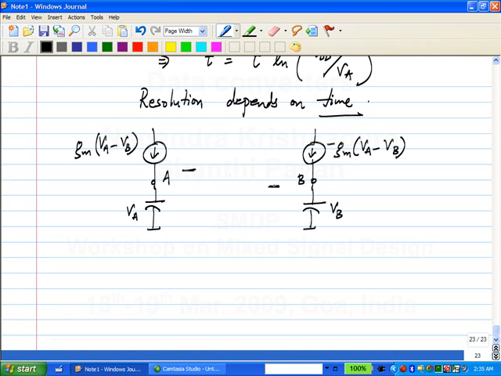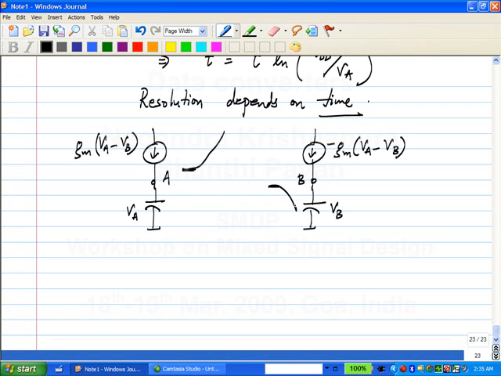Since VA is greater than VB, current is pushed into the capacitor on the left and pulled out of the capacitor on the right. So the voltage on the left side capacitor will keep increasing. Okay. And what will happen to the voltage across the capacitor on the right? It will keep decreasing. Eventually what will happen? VA will go to VDD, VB will go to minus VDD.